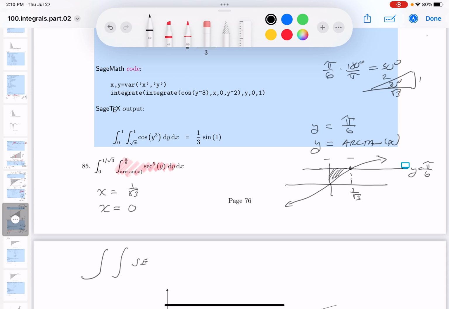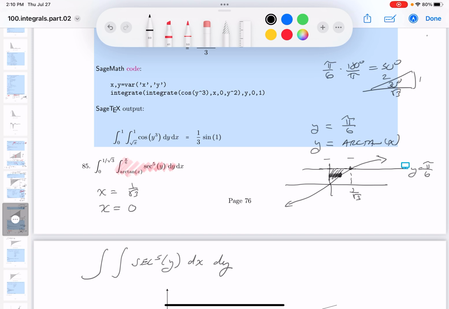So I still get secant to the 5th power, and that's going to be y. I'm going to put down dx first now, and then put down dy. So we're going along the x's, and this is the x over here. And what's the upper limit going to be?